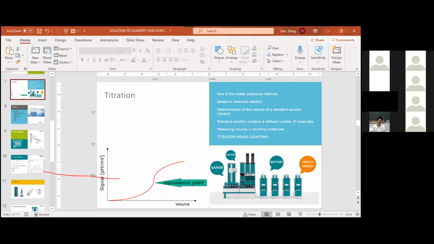Do you know the Raman spectroscopy method? In Vietnamese it is Raman. It belongs to the spectroscopy line.